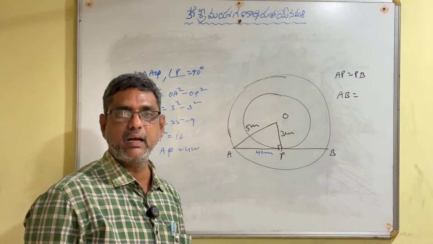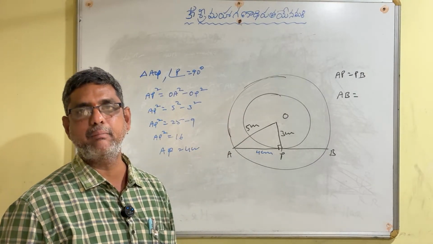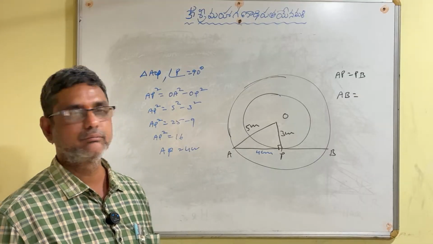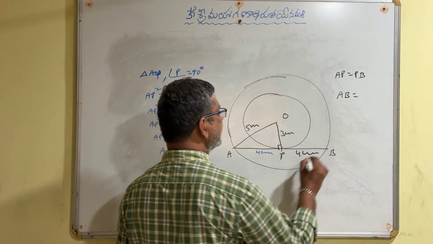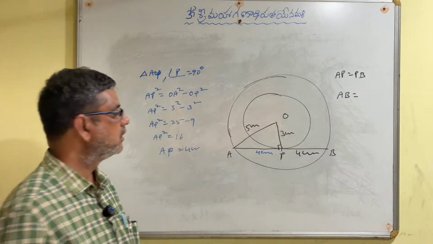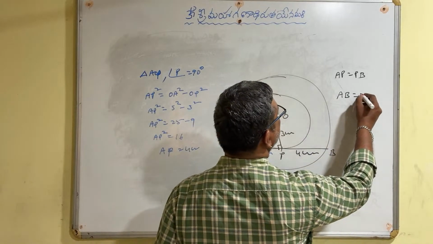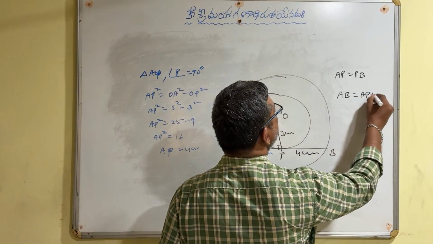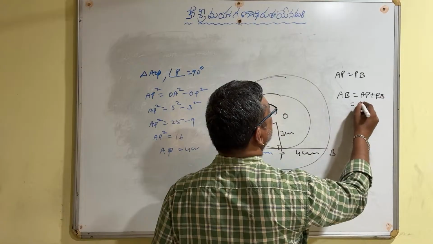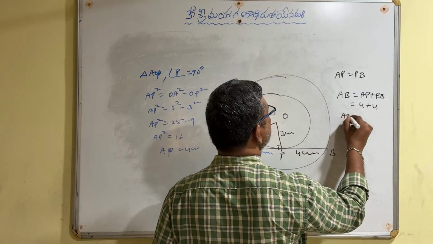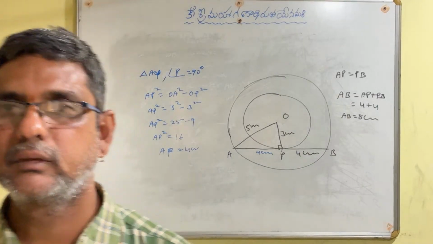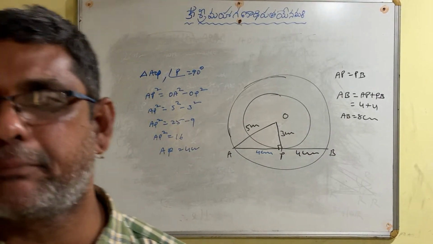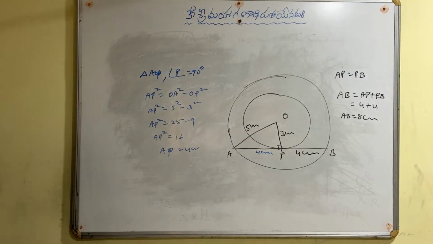OP is perpendicular from the center to the chord AB, so it bisects the chord. That means this is also 4 centimeters. Now the length of AB is AP plus PB, that is 4 plus 4, 8 centimeters. Or you can say AB is twice AP.